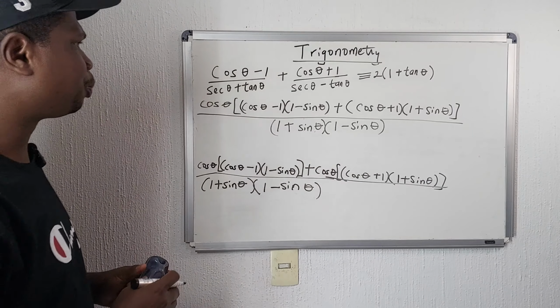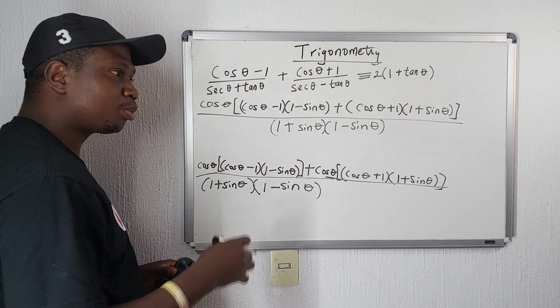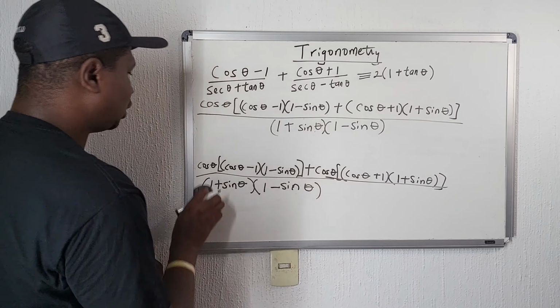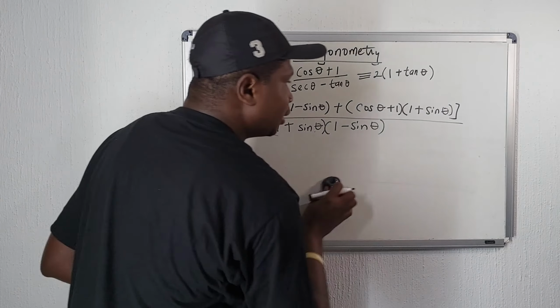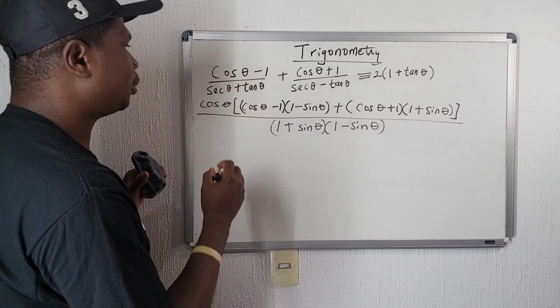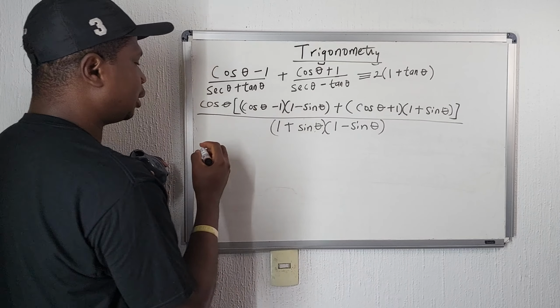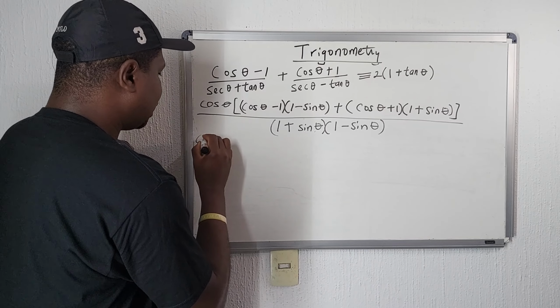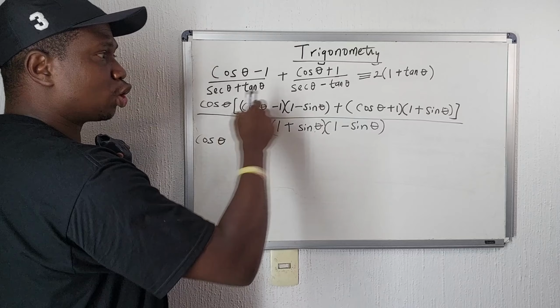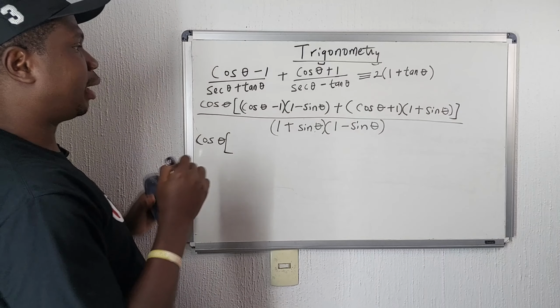Now, what do we do now? I've told you this looks like we can work with a difference of two squares. Now, let's try to expand it. It's a long process. In expanding it, cos theta is common because it's multiplying the whole bracket, so we can open the bracket.